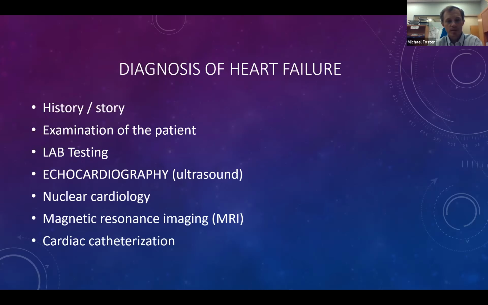It uses magnetic fields to change the way water behaves inside the cells of our chest and determine the heart function. It is very sensitive, and we'll review that too. Cardiac catheterization is another essential tool that we use to rule out the presence of coronary artery disease and sometimes help open blocked arteries and improve the heart function in that way.